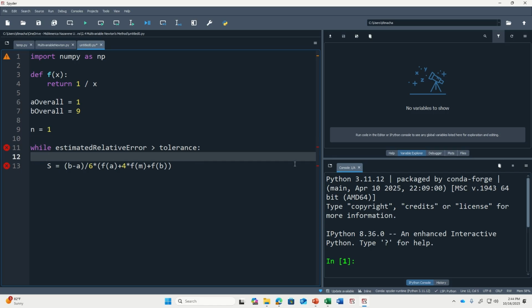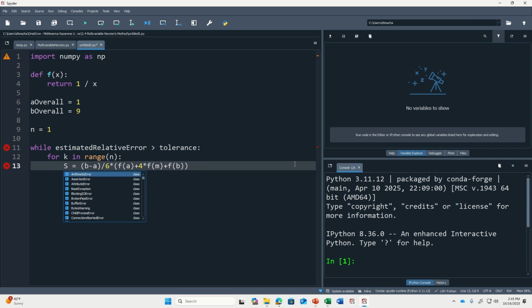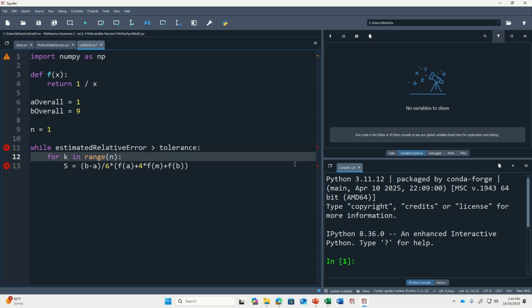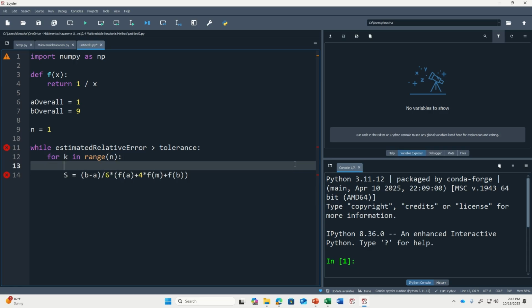And then I need to say something like for k equals 1 to n, no, for k in range n, I forget what language I'm doing. We get to do this, where a is going to be b overall, minus a overall, that's the width of my interval, divided by n.